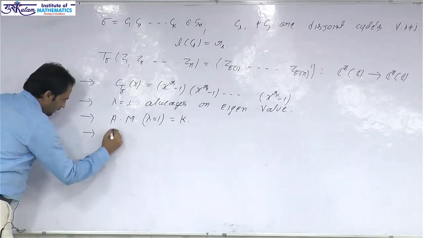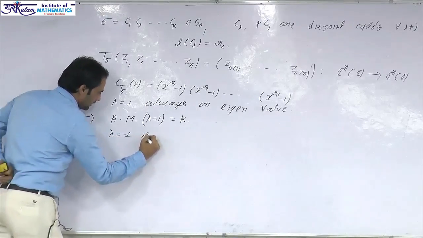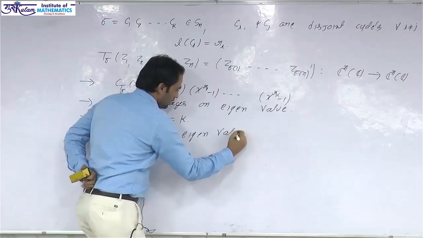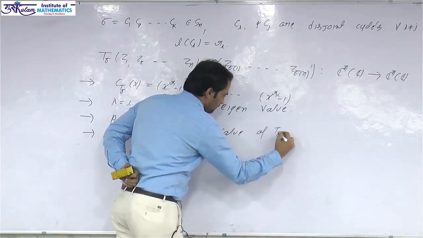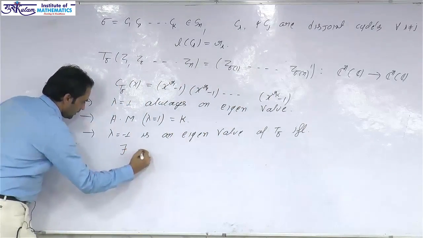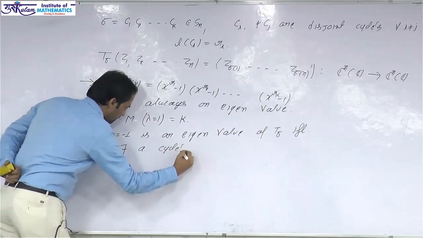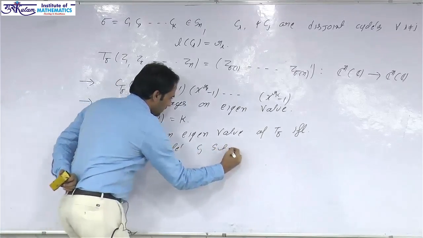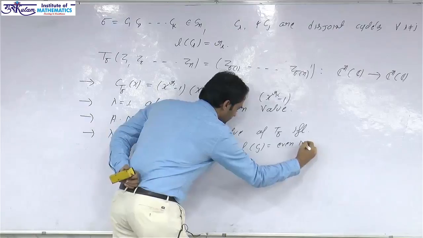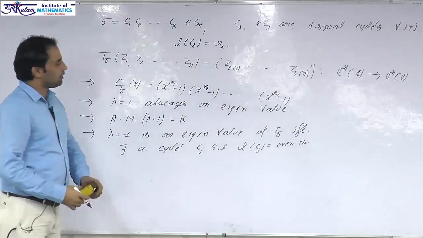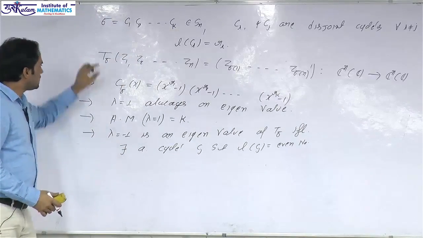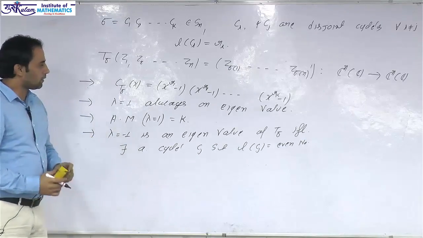Further, lambda equal to minus 1 is an eigenvalue of T sigma if and only if there exists a cycle Cj such that the length of this cycle Cj is an even number. That is, if in the cycle decomposition there exists a cycle of even length, then T sigma must have the eigenvalue minus 1.